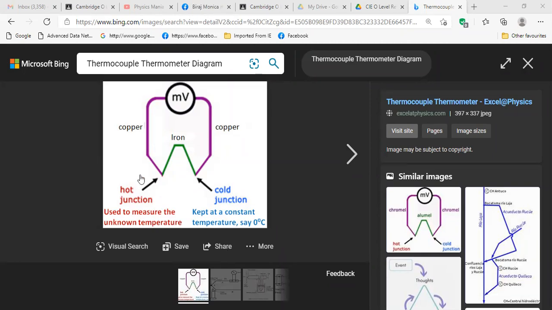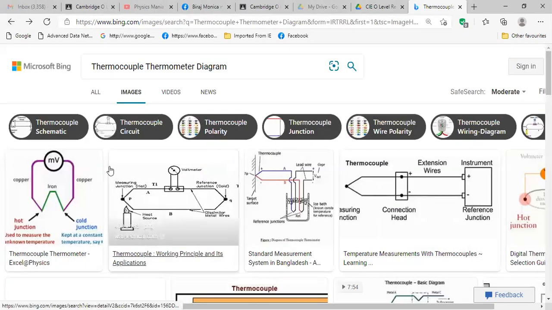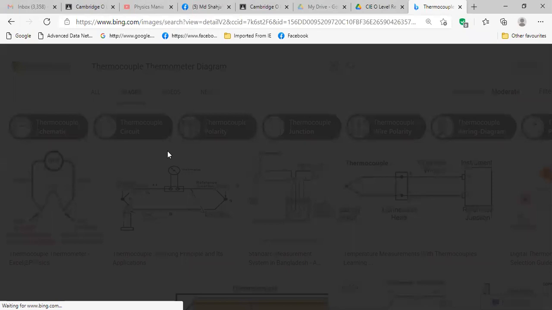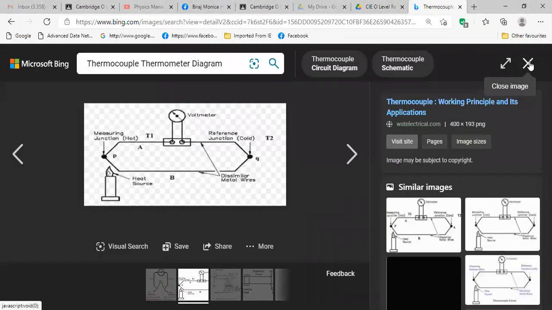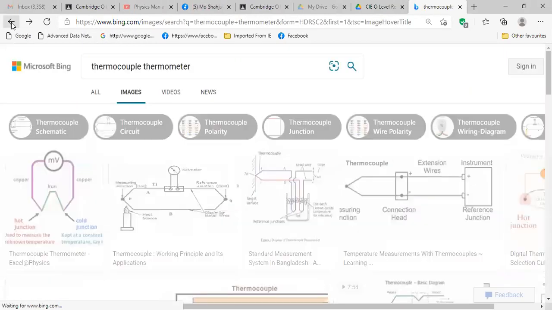In practical life, this one is a simple diagram, or circuit diagram, to understand. And in our daily life, the one we get in real life is not like that. It's like the one you saw before.